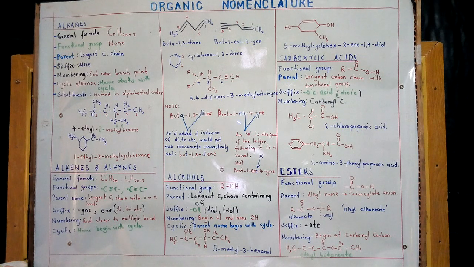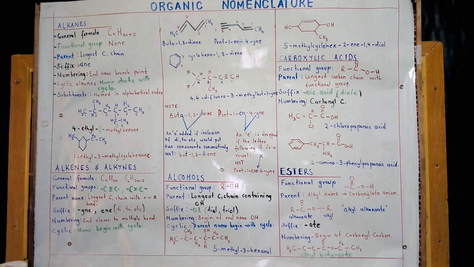And also the E is eliminated in this second case for this compound to ensure that the vowels do not follow one another consecutively, while ensuring that this suffix is maintained. So for that case, if it were to be written the other way that we have discussed, which is not the case, it could appear like this, but the E has been eliminated. So that's for the naming of this class of organic compounds that we call alkenes and alkynes.